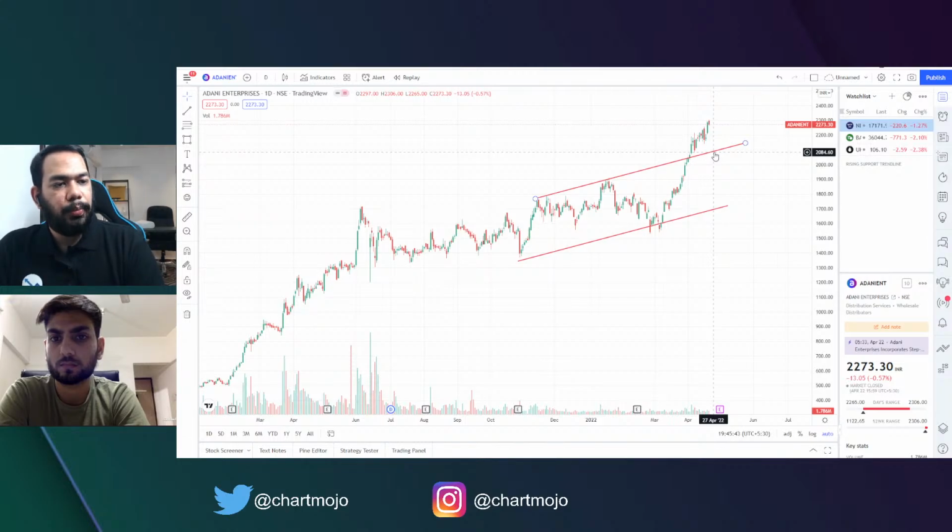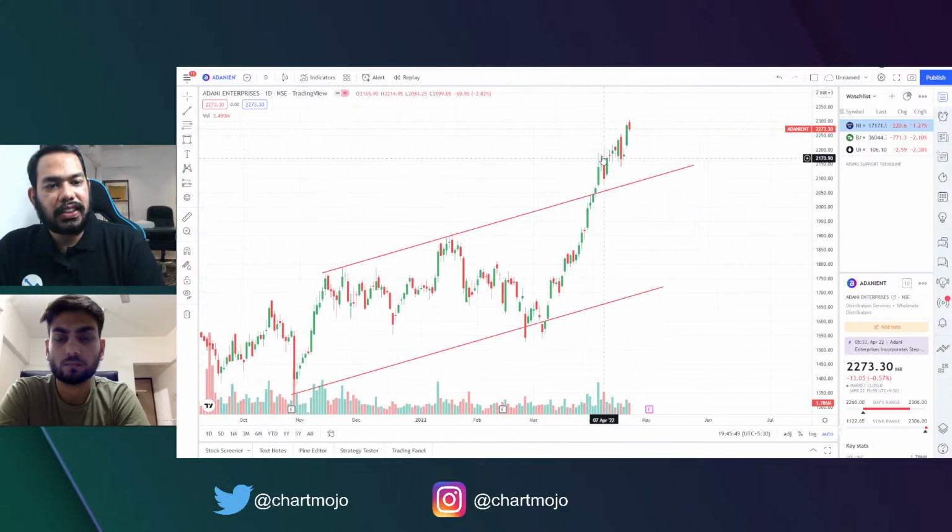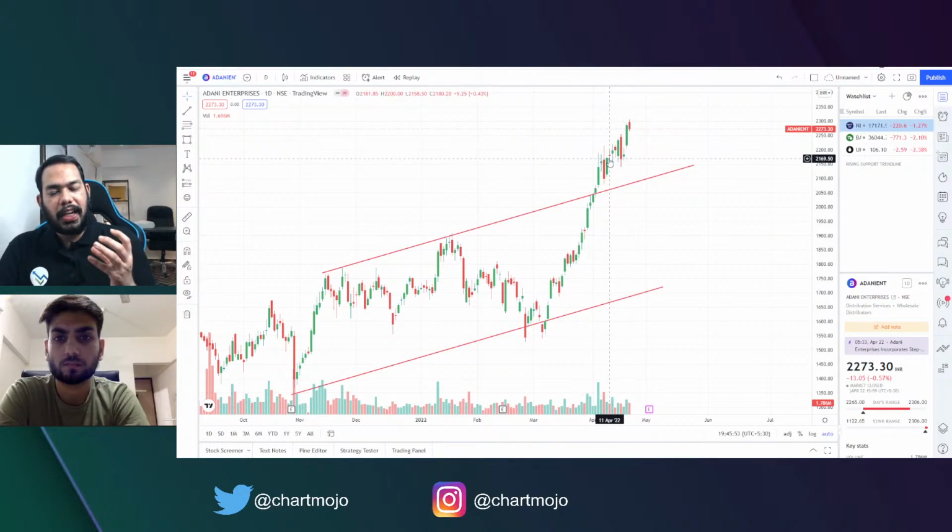So your SL will be 2080 for a fresh long. Right now you can see what is called a running correction. Momentum is getting lower in this particular counter.